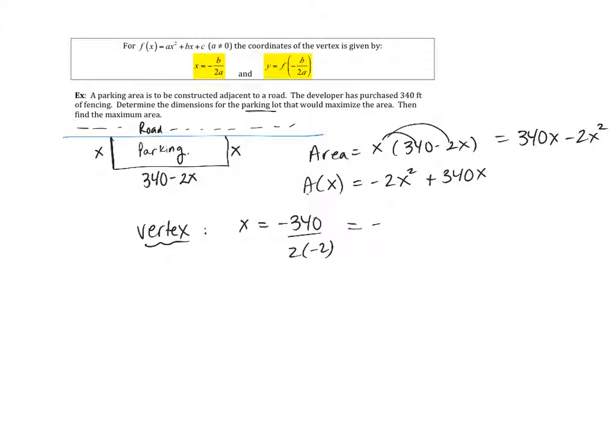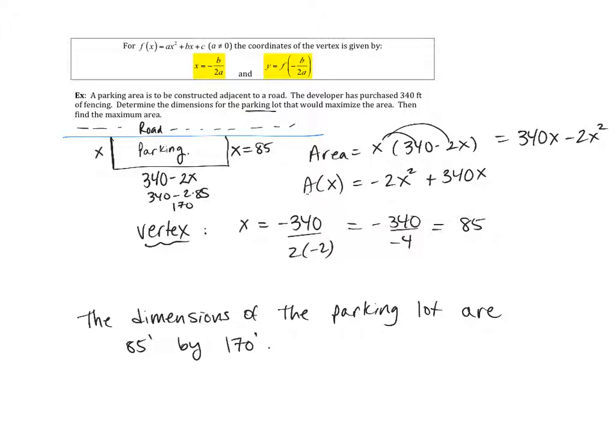So it would be negative 340 over negative 4, which is 85. So this x value is 85, and then the width would be 340 minus 2 times 85, that's 340 minus 170, which is 170. So the dimensions are 85 feet by 170.